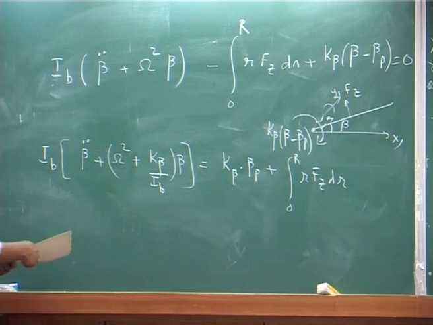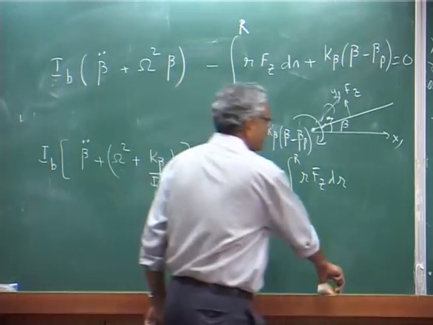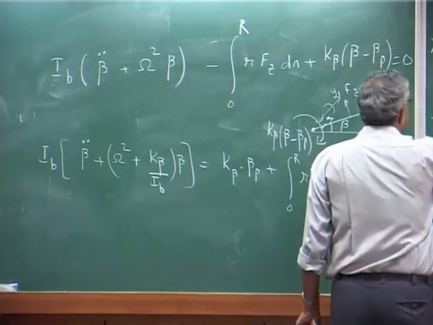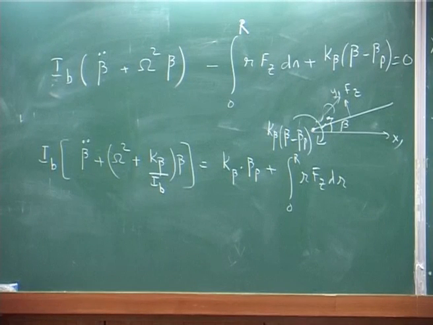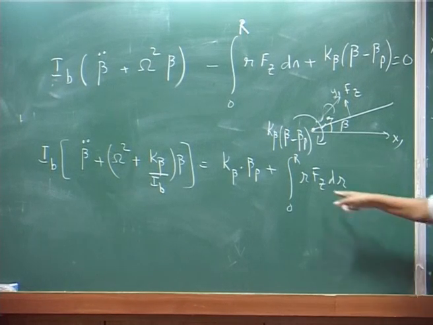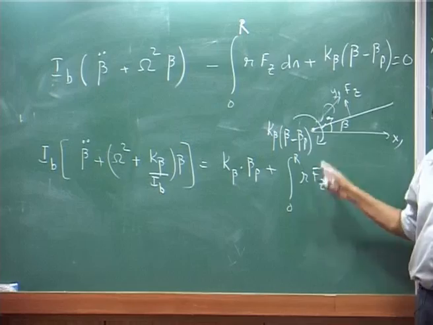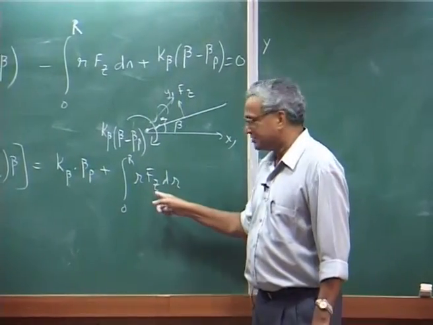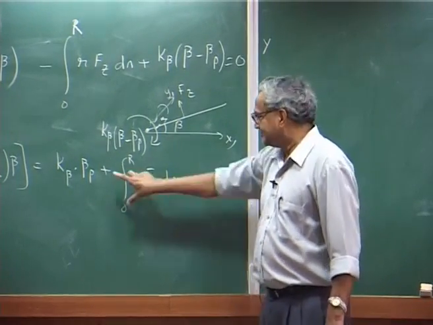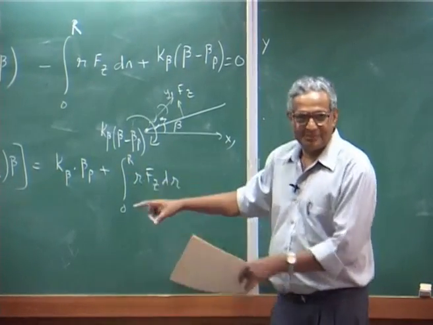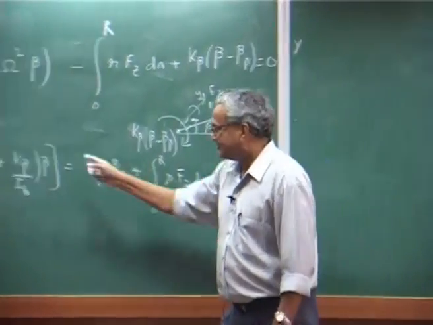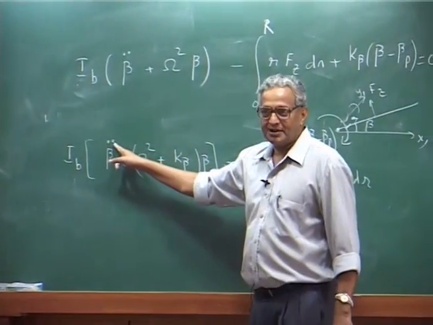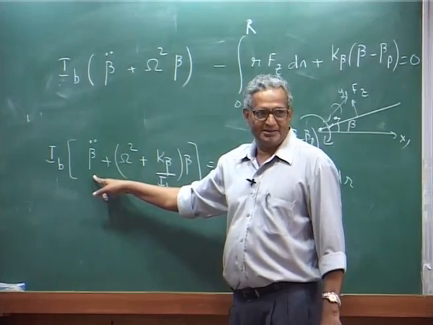So, I non-dimensionalize now the entire equation and write it, because this part is straightforward. Only thing is you have to substitute for F_z, which we know earlier, that is the lift force, lift per unit span, put that value and expand all the terms, multiply and then divide by omega, convert it into non-dimensional time derivative.